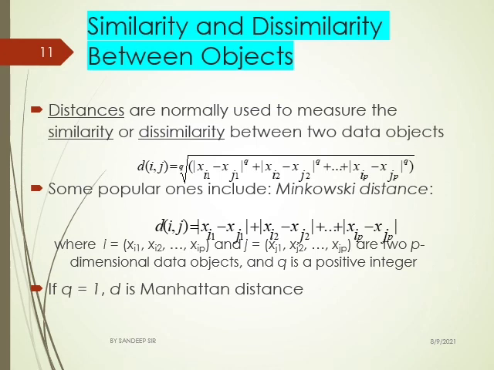Some popular ones include, from different research that has been done, the Minkowski distance, where we can calculate dij, the distance between two points, based on xi1 minus xj1, xi2 minus xj2, and so on.